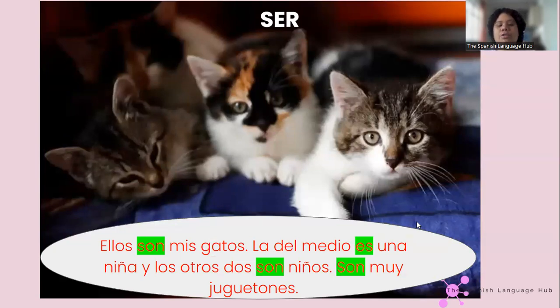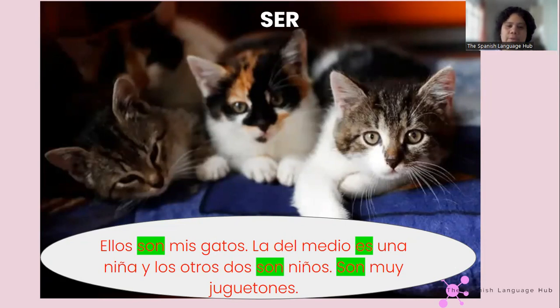We can also describe animals, of course. Ellos son mis gatos. La del medio es una niña y los otros dos son niños. Son muy juguetones. So, they are my cats. The one in the middle is a girl and the other two are boys. Son muy juguetones. They are very playful. All right.